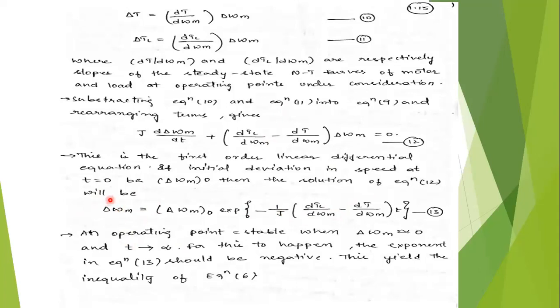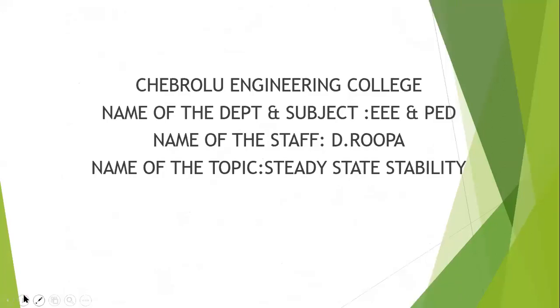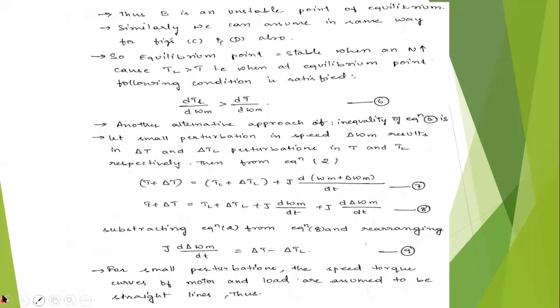For this to happen in equation 13, the exponential term in the bracket should be a negative term. This yields the inequality of equation 6.